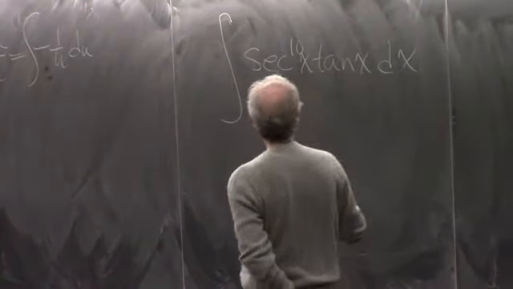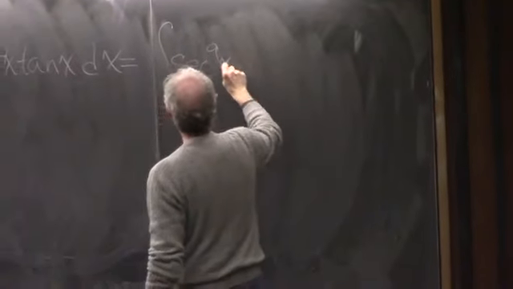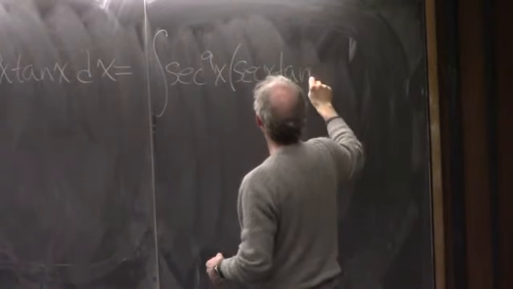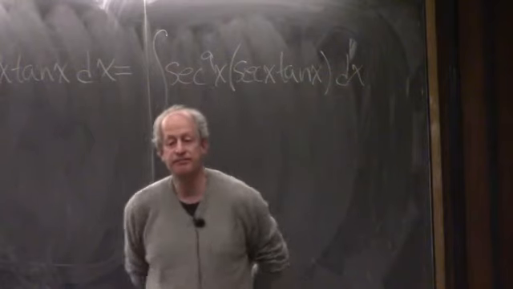What if I let u equal secant? What's the derivative of secant? Secant tangent. So what if I rewrote this as secant to the 9th x times secant x tan x dx. So I just pulled out one of the secants.